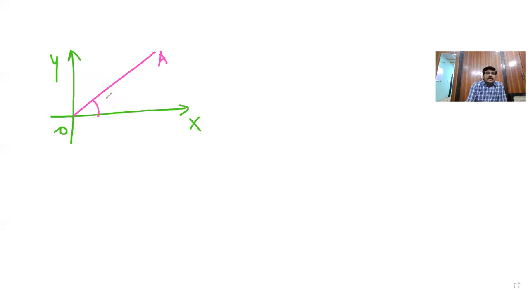Let us say theta is the angle made by the line with respect to the positive x-axis. So as I said, theta is the slope of the graph. But mathematically, what is the slope?